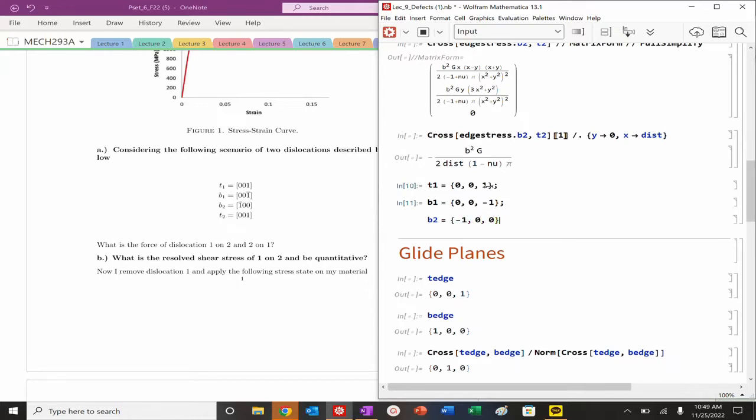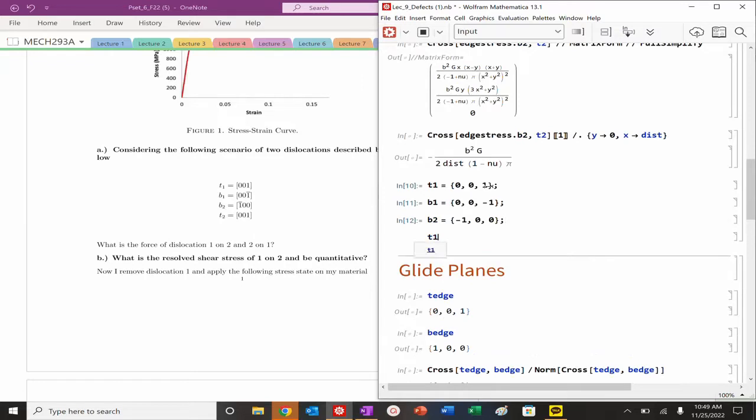And our tangent T2 is still going to be in the 0, 0, 1 direction. So obviously, my first dislocation is a what? It's actually a left screw. And what about my second dislocation? R2 is going to be an edge dislocation.